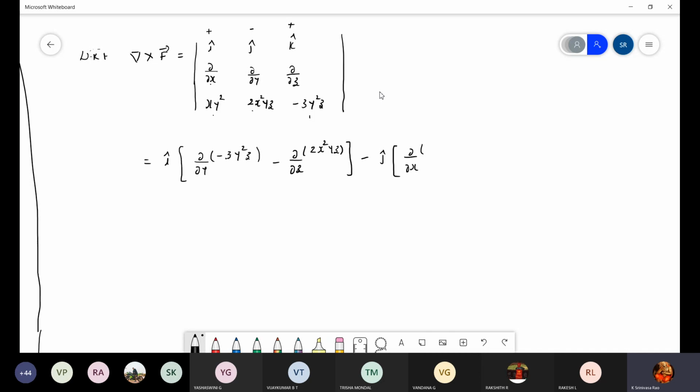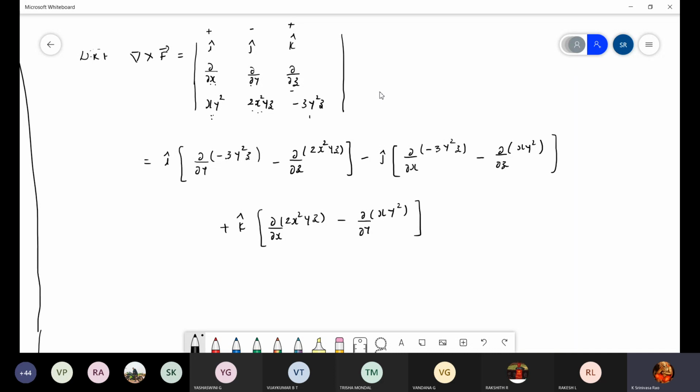Dou by dou x of minus 3y square z minus dou by dou z of xy square, plus k cap into dou by dou x of 2x square yz minus dou by dou y of xy square.